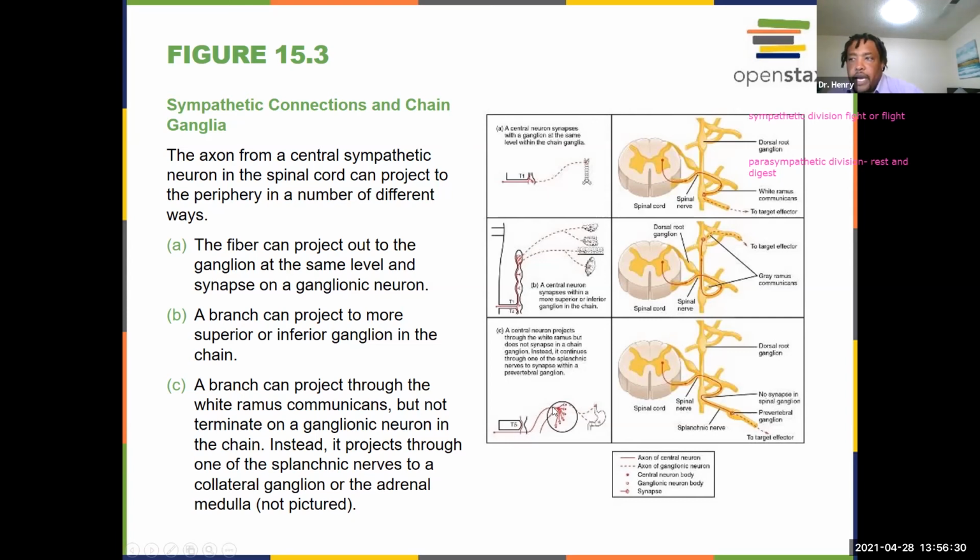It continues to go beyond that, and then it branches off. So here, continuously through the spine, it goes through the splanchnic nerve, and then it goes to another, in this case, the prevertebral ganglion, and forms the synapses there. So this guy extends even further out, and you're also getting several branching components.